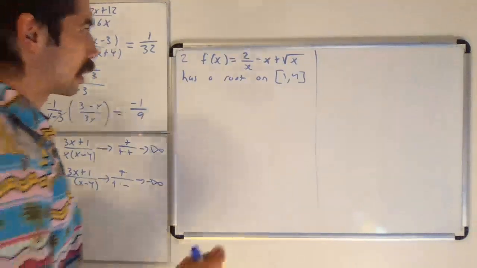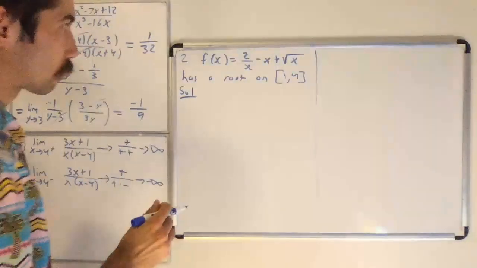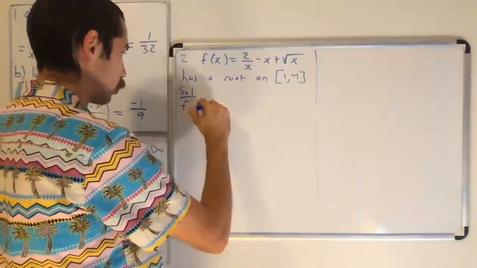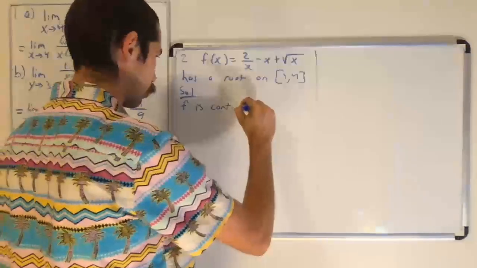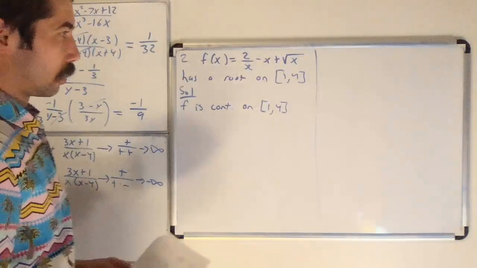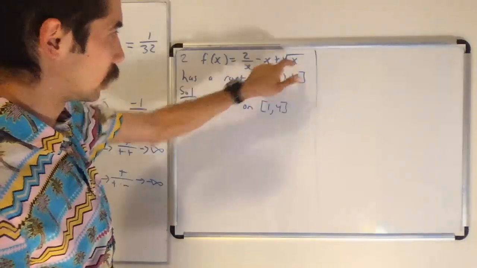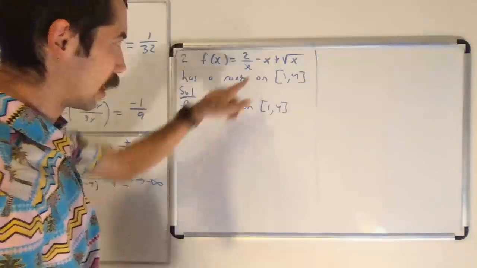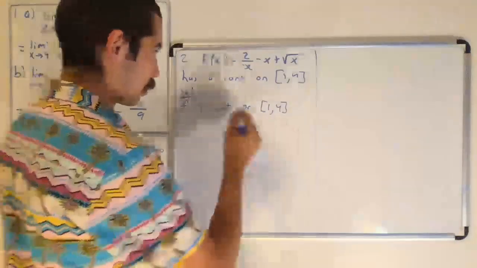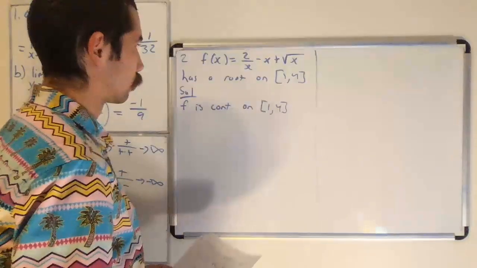And in order to use the intermediate value theorem, we should first say our function is continuous on our interval. Since a rational function is continuous on its domain and a radical function is also continuous on its domain, and then x is continuous everywhere, we know that it's continuous on 1 to 4.